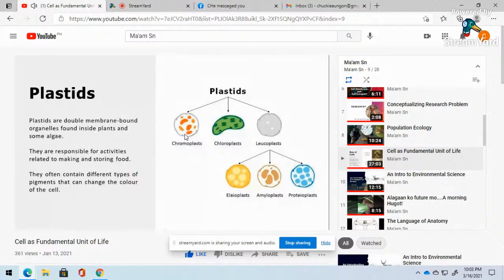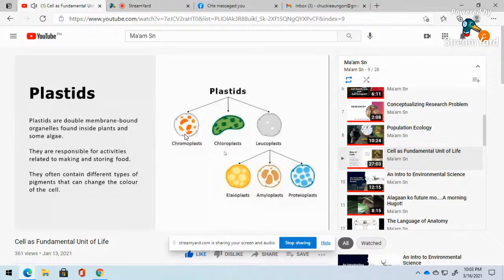So they are responsible for activities related to making and storing food. They often contain different types of pigments that can change the color of the cell. Now, plastids can be chromoplast, chloroplast, or the leucoplast. So for the chromoplast, these are plastids, heterogeneous organelles, responsible for the pigment synthesis and storage in specific photosynthetic eukaryotes.